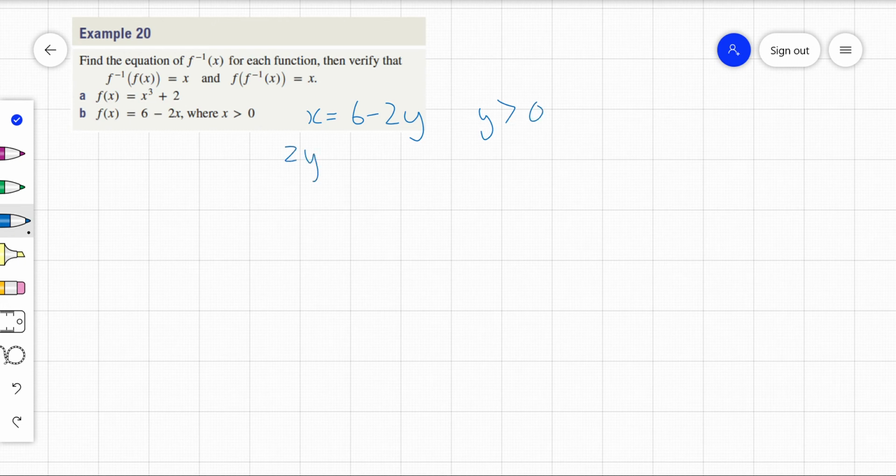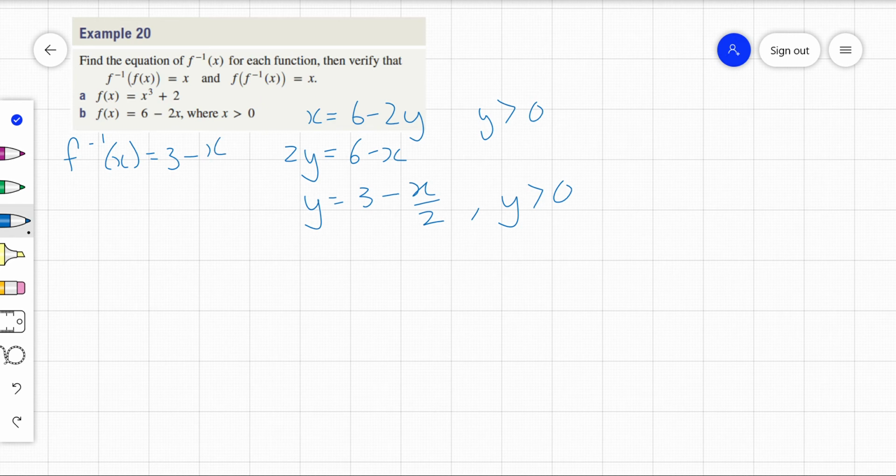Again, if I put my y as my subject, so divided by 2, remembering this is where y is greater than 0, so my inverse function here is 3 minus x on 2, where y is greater than 0.